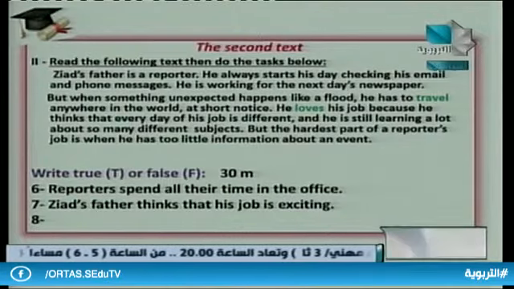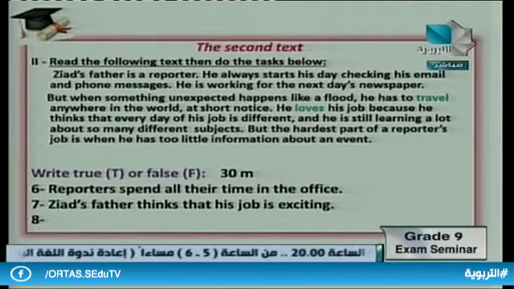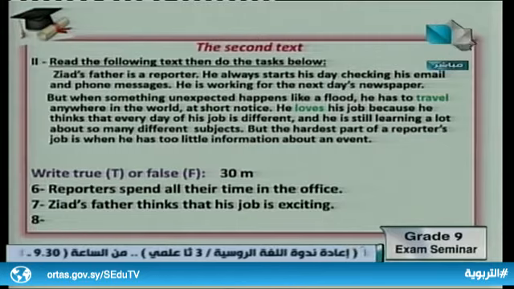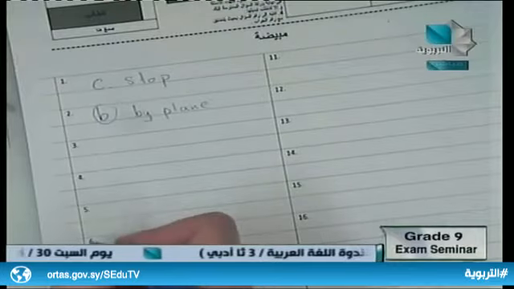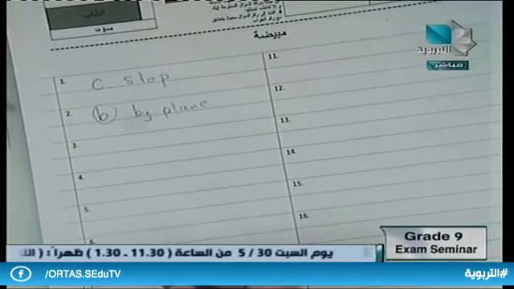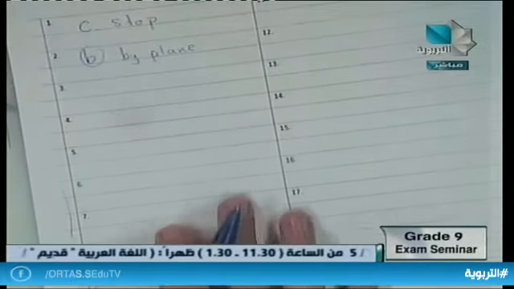So the first sentence is false, because they don't spend all their time in their office, and the second one is true. How can I write down the answer for sentences 6 and 7? Would you please show us on the answer sheet? In this task, next to number 6, these three numbers are for true and false.